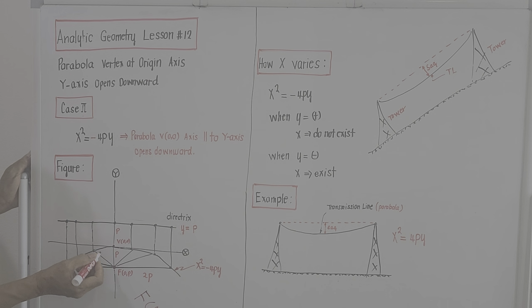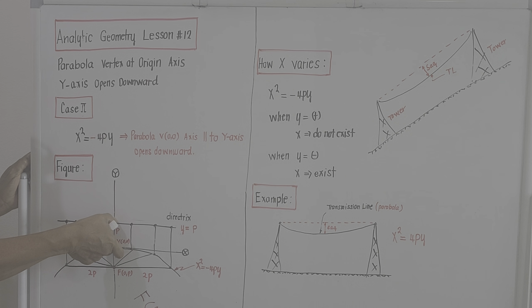Like this one here. This is more accurate than the previous lesson number 11. This point here, this distance here should be equal to this for it to be a parabola.